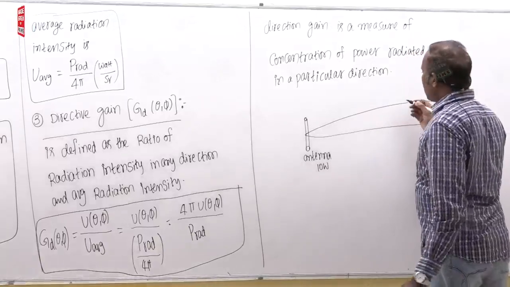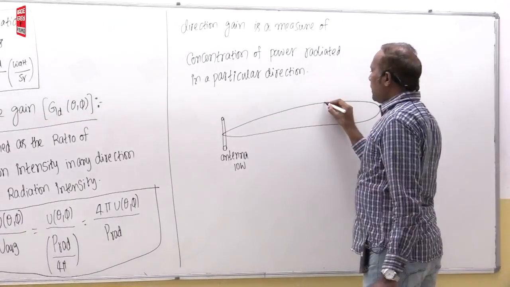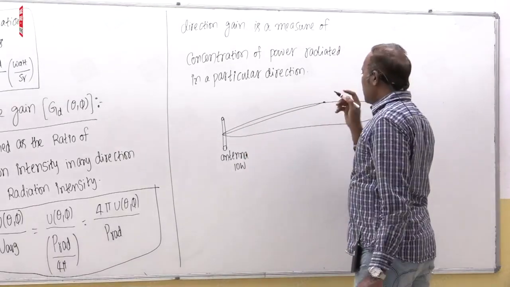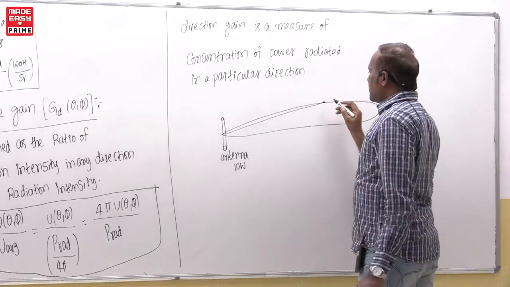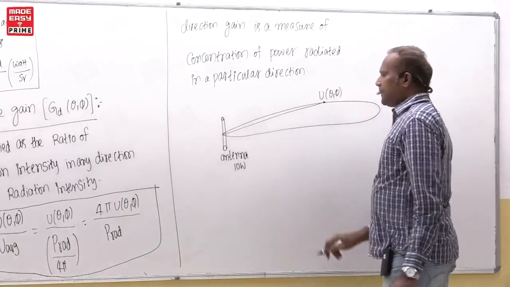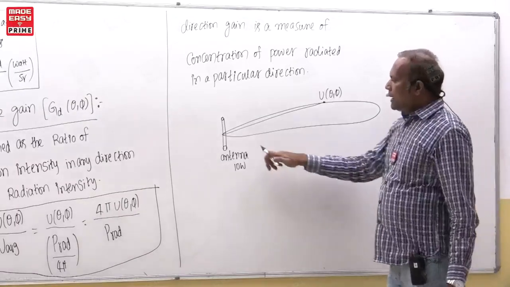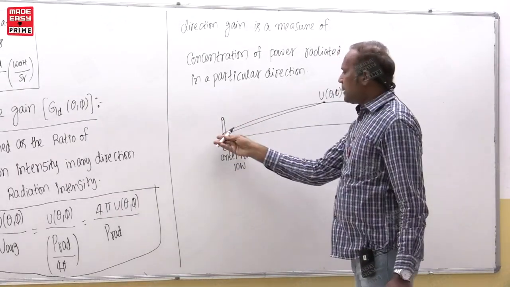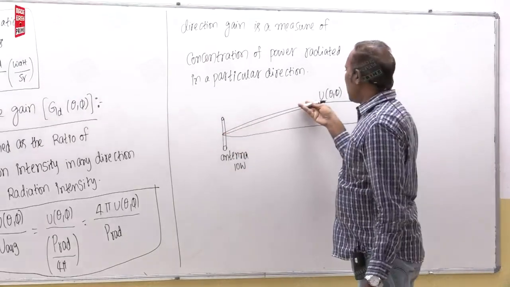Now direction to direction, for example, in this direction power radiated is this much. So power radiated is this much in this direction, U theta phi, radiation intensity. So in this direction radiation intensity is 0, in this direction 0, in this direction 0, in this direction less value, a little bit more value.